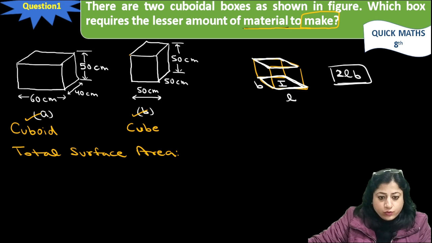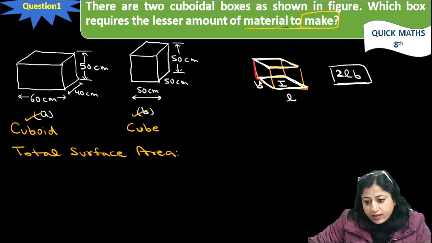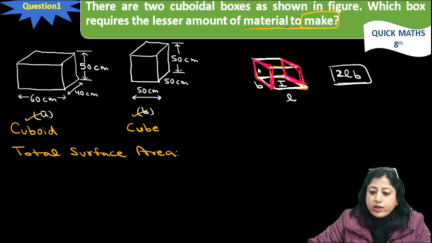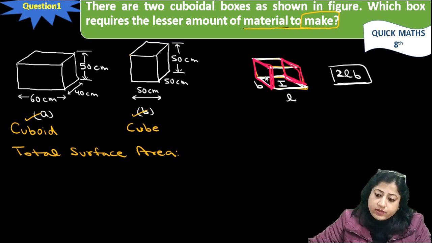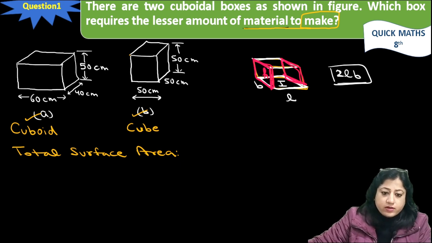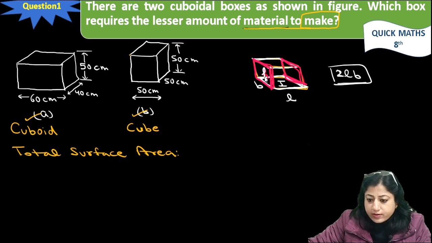Similarly, the other two faces, I am highlighting with pink color. This is the side face and this is the opposite face of it. According to this, this one is height and this is breadth.